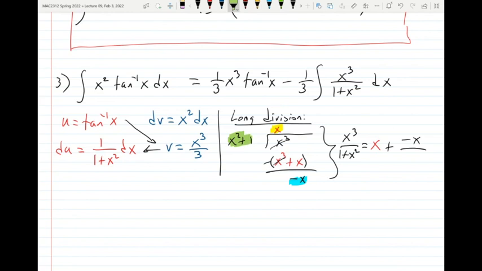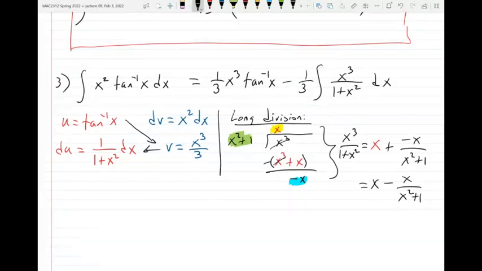It's just a way of writing your expression in this form. And you can easily check. That means this expression equals x minus x over x squared plus 1. If you subtract these two, you get x cubed over 1 plus x squared. Did you understand the long division?